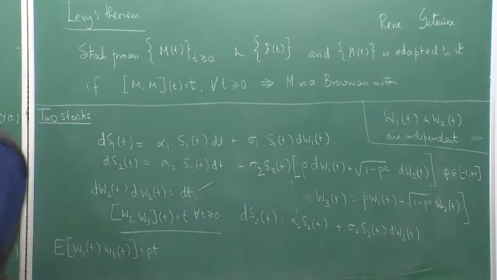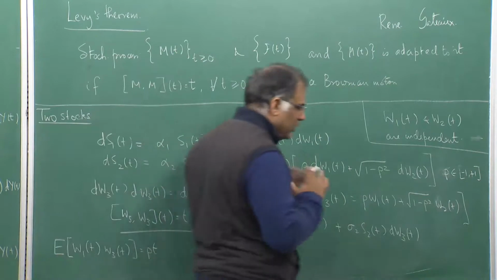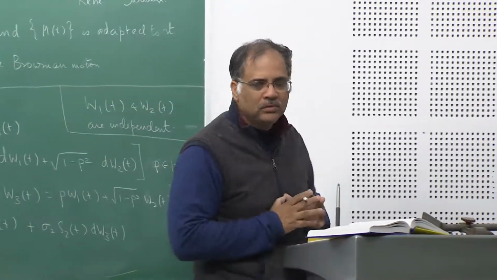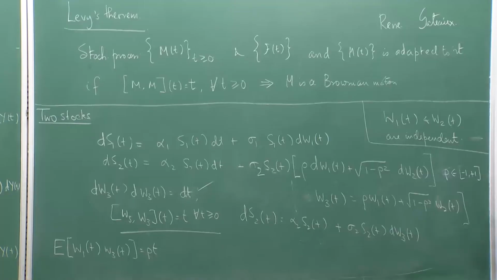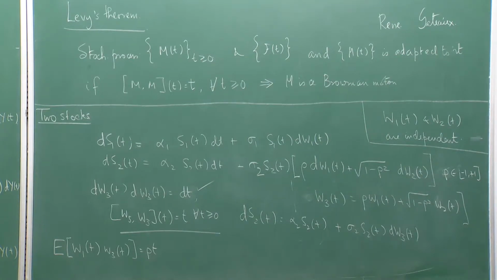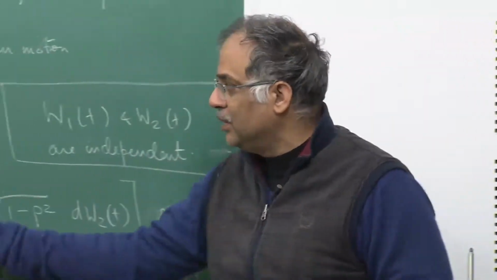So when you have two stocks, you are essentially looking at a scenario where the stock price movements can be related, correlated to each other. It is not that one price goes one way and another goes another way independently. They could be independent of each other if you had just W2 here.